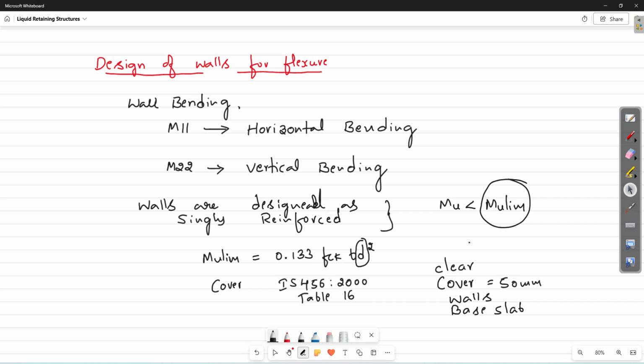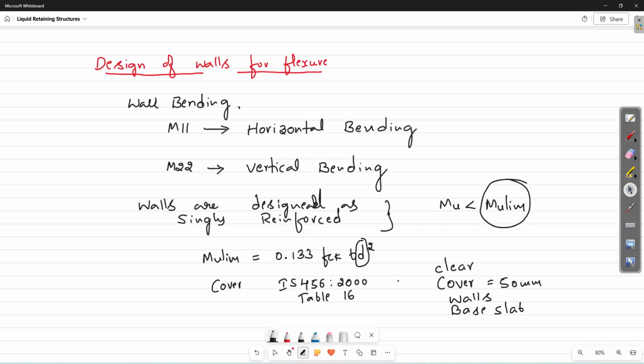So remember, keep one thing in your mind. ETABS designs your wall elements for in-plane moments and axial forces. ETABS will not design wall elements for out-of-plane moments.